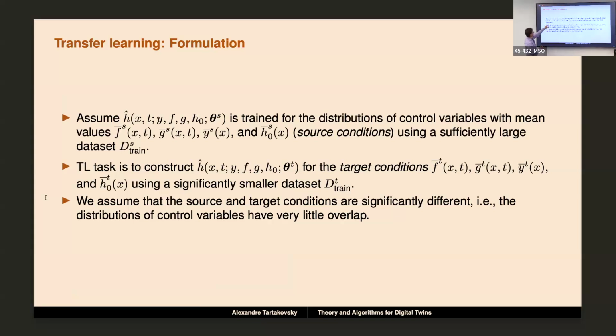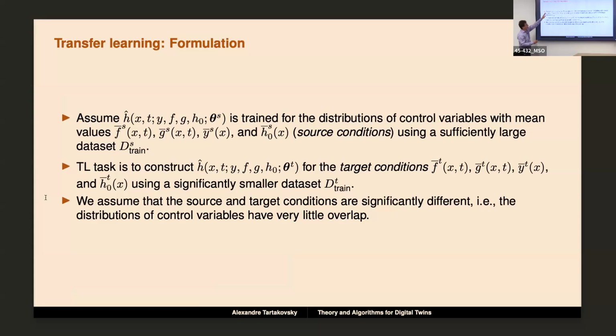So now, to define this transfer learning problem more specifically, we assume that our operator learning model is trained for the distribution of control variables with mean values, F_S, G_S, whatever. S stands for the source conditions.